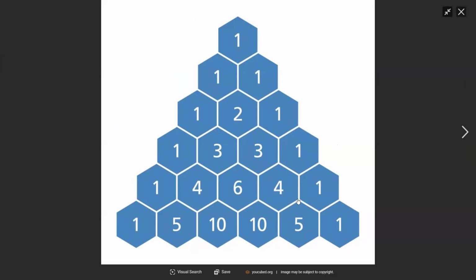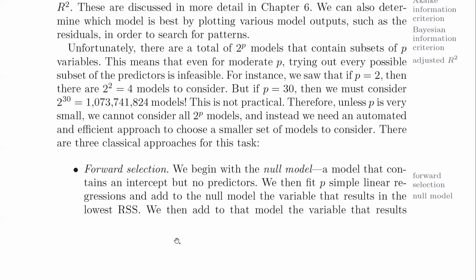There are 5 different models that use 4 out of 5 of them. 10 that use 3 out of 5 of them. 10 that use 2 out of 5 of them. 5 models that each use 1 out of the 5 variables. So this would be simple linear regression. And I don't even know if we should count this model that uses none of the predictor variables. Of course, if you're not using any of them, you don't have much of a model to begin with.